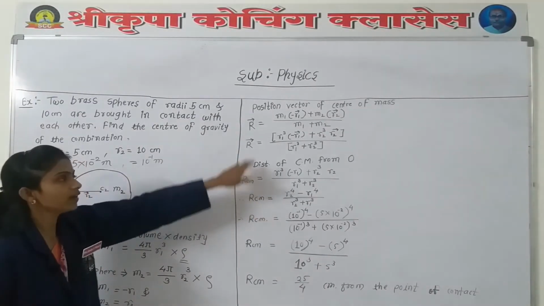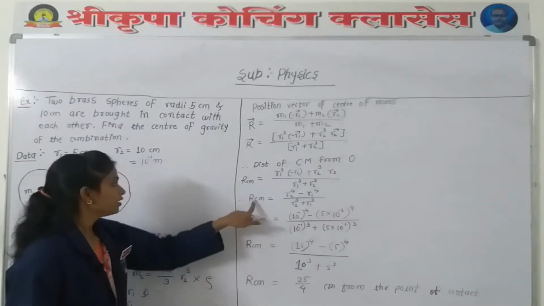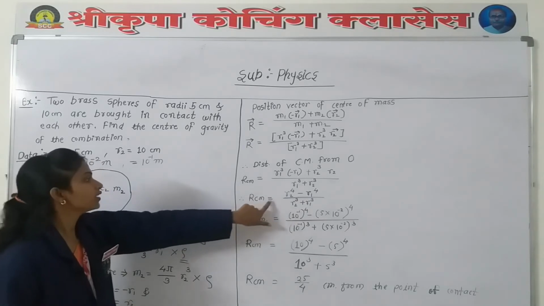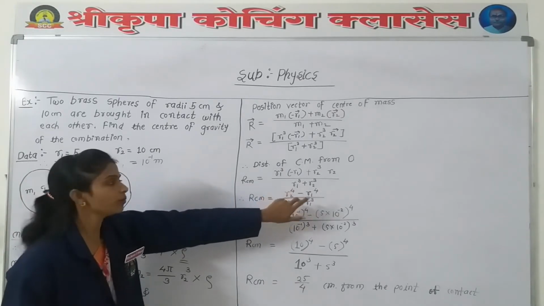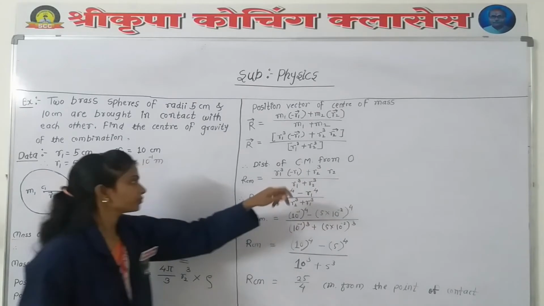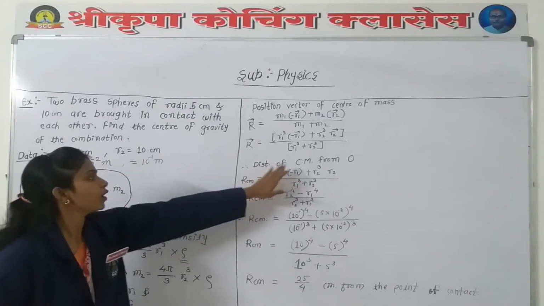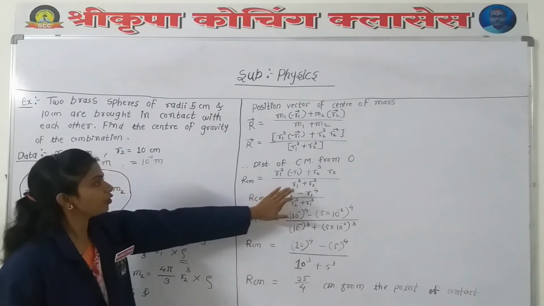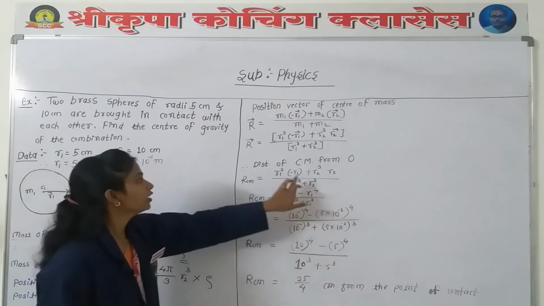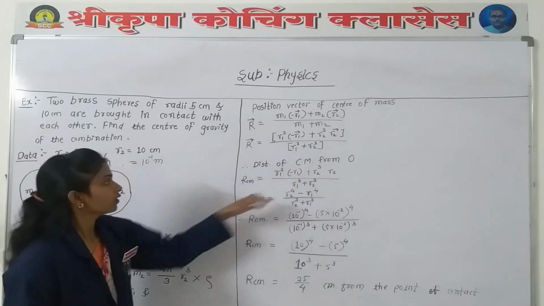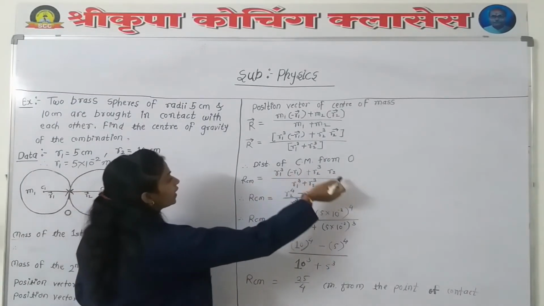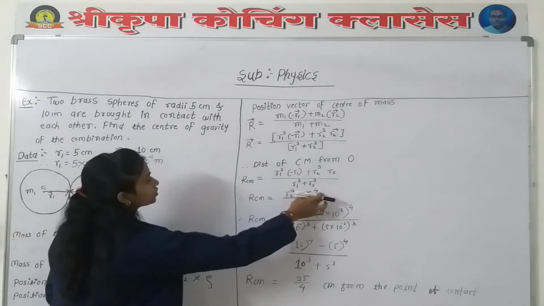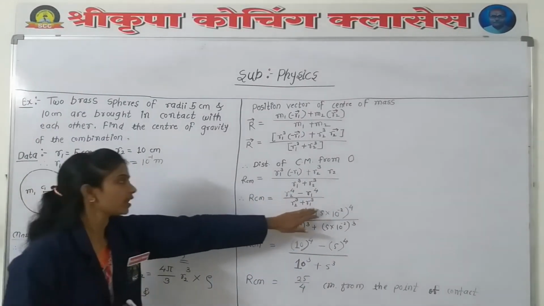R means the position vector of the center of mass, and CM denotes the center of mass. RCM is equal to R2 raised to 4 minus R1 raised to 4 upon R2 cube plus R1 cube.